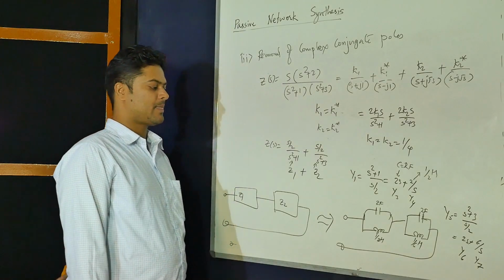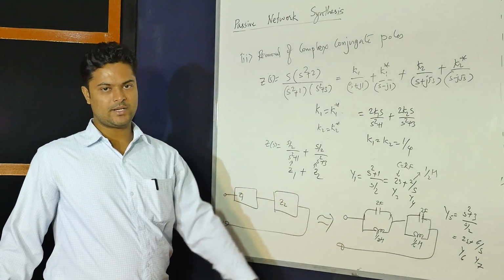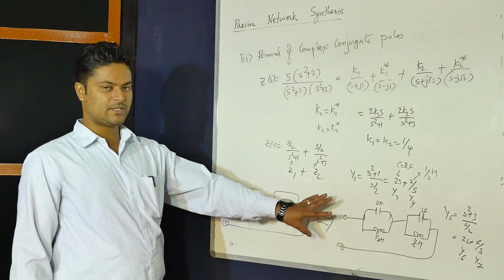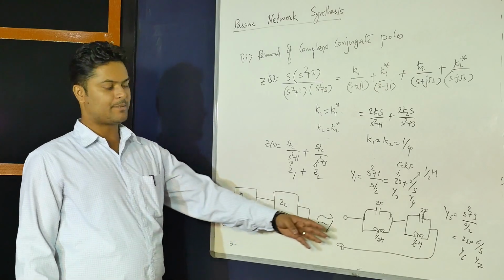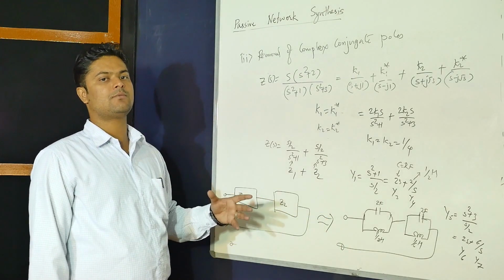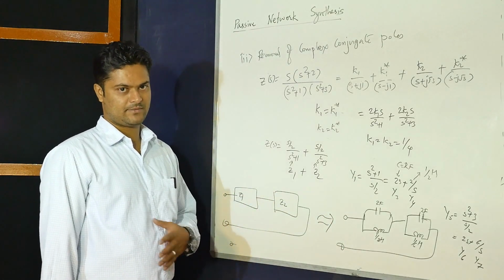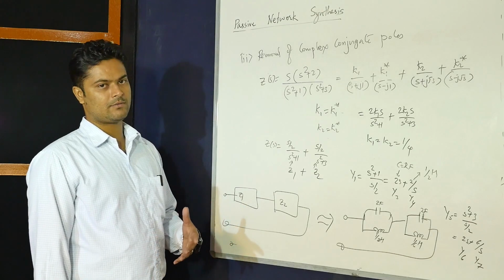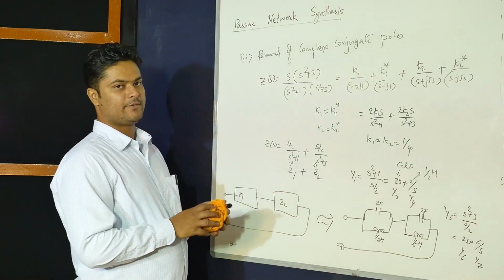So you could have seen that LC series combinations, LC together are parallel but series elements will be representing the Foster form 1, and the previous what we have seen is the Foster form 2. Foster form 1 is meant for the impedance function, Foster form 2 is meant for the admittance functions, right? And Cauer form 1 and Cauer form 2 are there, which are straight away found out from continued fraction expansion.